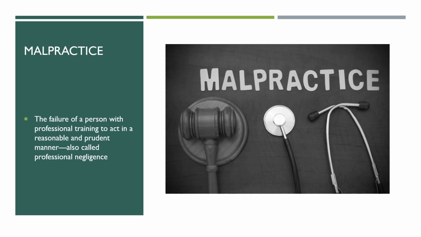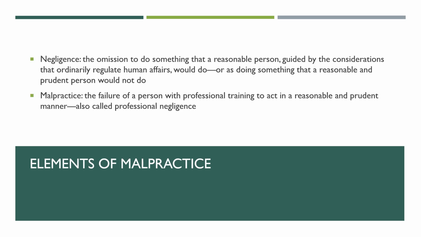So we've already kind of defined malpractice here, but here it is on a slide. The failure of a person with professional training to act in a reasonable and prudent manner is called professional malpractice or negligence. All liability suits involve a plaintiff, the injured party, and a defendant, who is the professional alleged to have caused the injury.